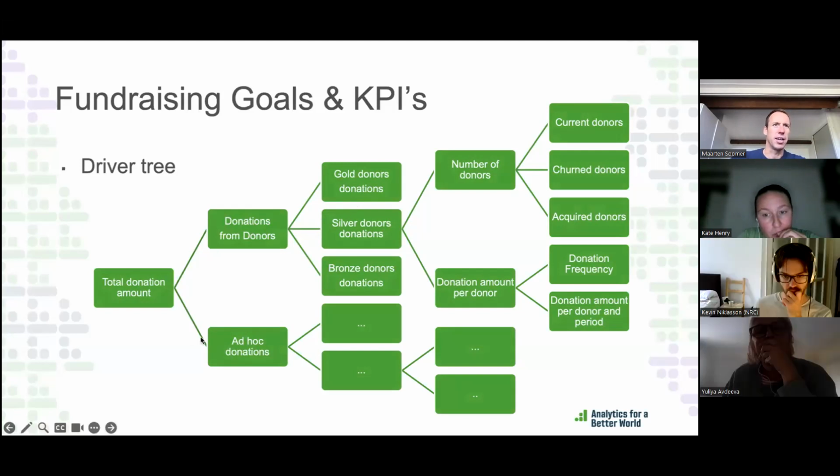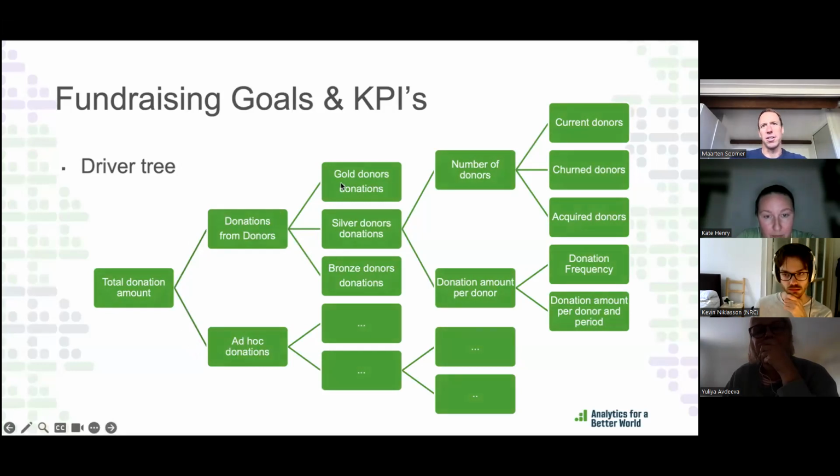We could maybe separate two main donation streams. One, ad hoc donations, and the other one coming from donors. And I mean by that people who are periodically, regularly giving a donation.